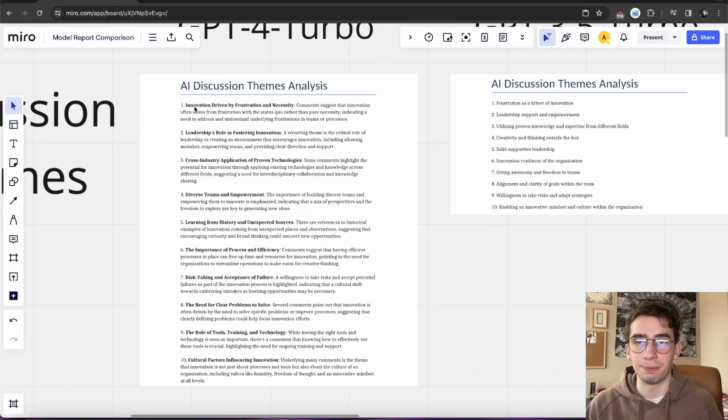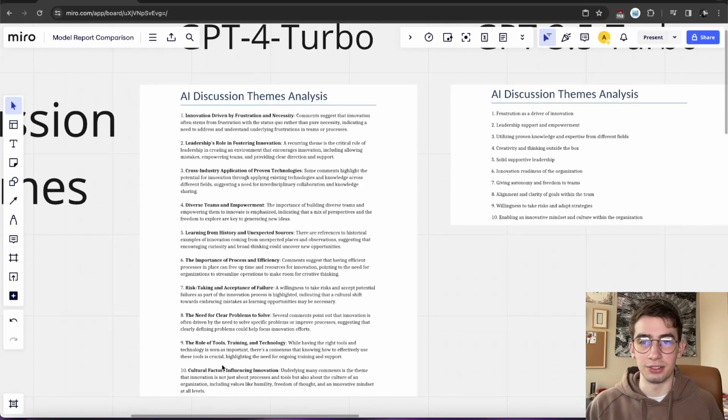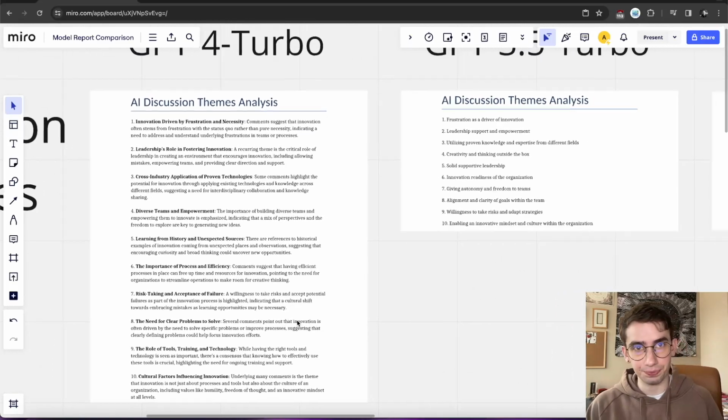So for example, like the first one here, innovation driven by frustration and necessity is one of the themes, and then its reasoning behind that is comments suggest that innovation often stems from frustration with the status quo rather than pure necessity, indicating a need to address and understand underlying frustrations in teams or processes. And it does a pretty good job of doing this for pretty much all 10 of these that it extracted.